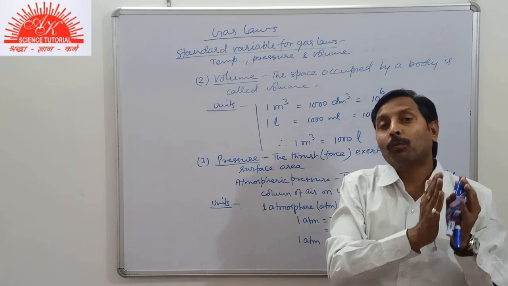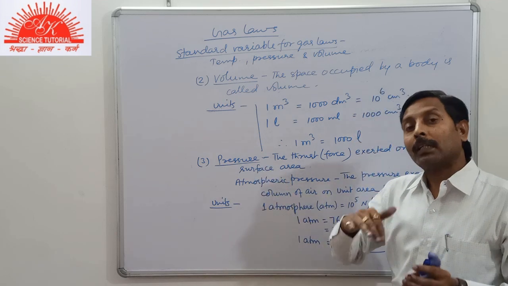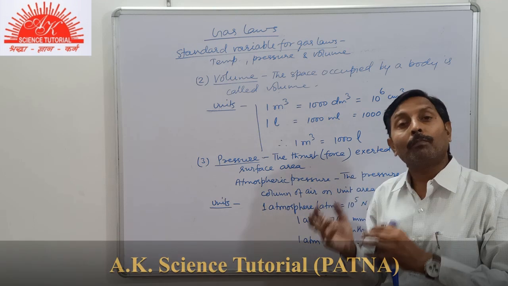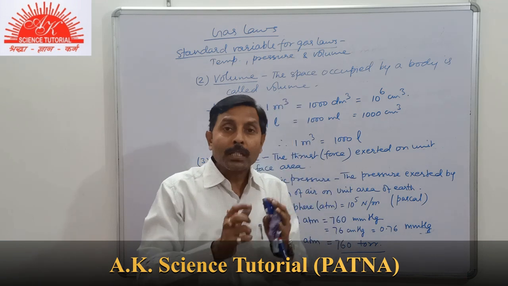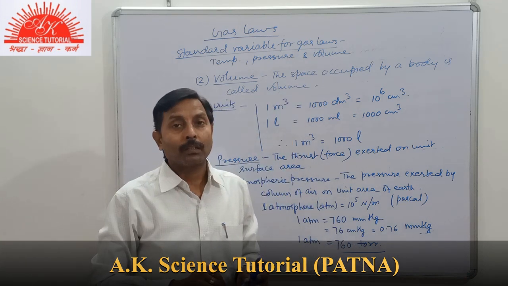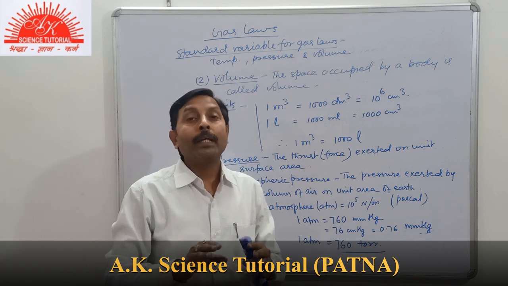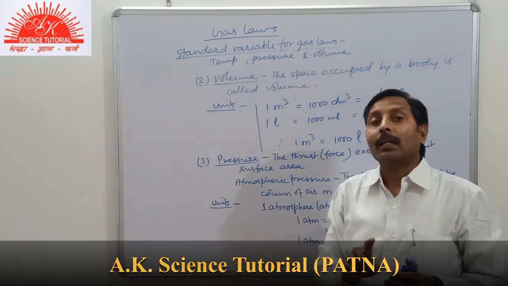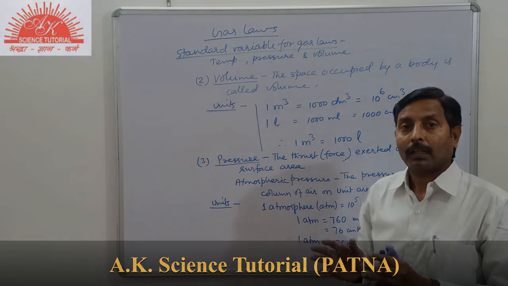Suppose in one condition the unit is given in atmosphere, but in another condition it is given in centimeter of mercury or millimeter of mercury, then you must convert the first unit also into millimeter of mercury, or millimeter of mercury should be converted into atmosphere, means the same unit will be used such that the calculation will be done accurately. Clear, students?